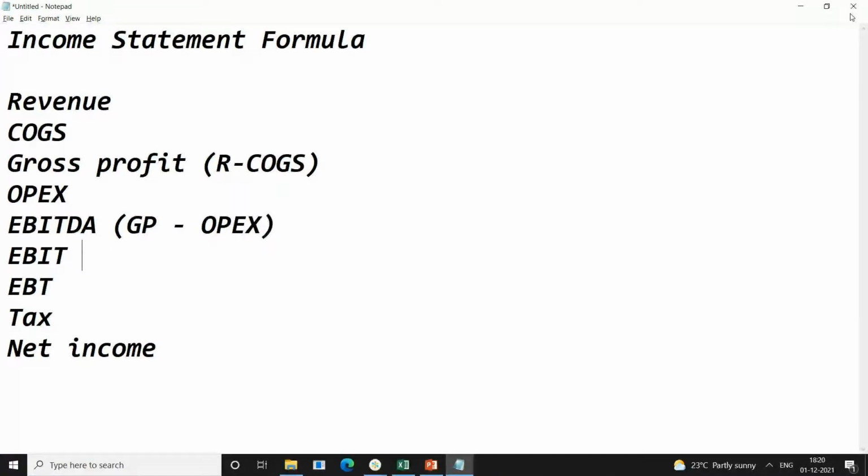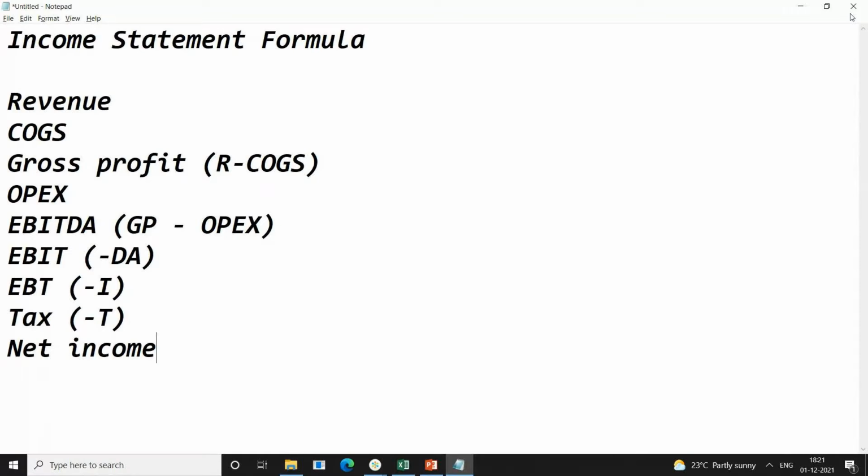Then for EBT, I will minus depreciation from the EBITDA. Here I will minus interest, and the tax. Finally, you will get net income.